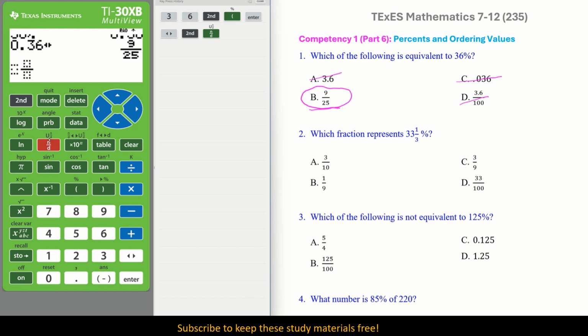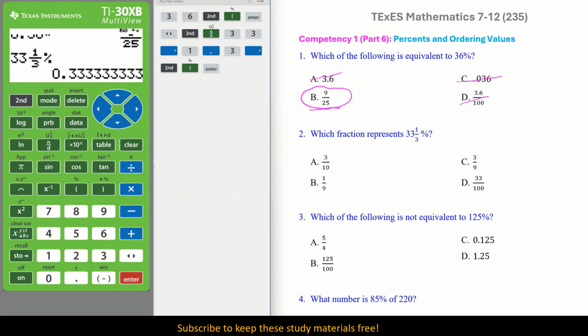See that above our fraction button? Okay, so now we put in our 33, arrow over 1, arrow down our 3, arrow all the way over. Now we need to say this number is a percent by using our second percentage. So now we have typed it in exactly how our question has it, but it's really not entered into the calculator. So let's do that.